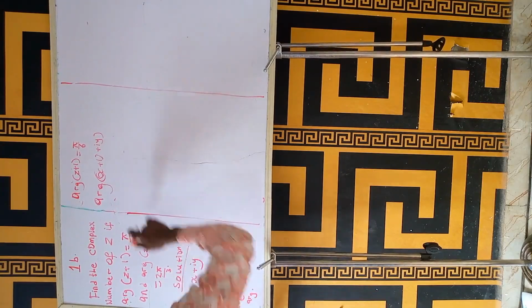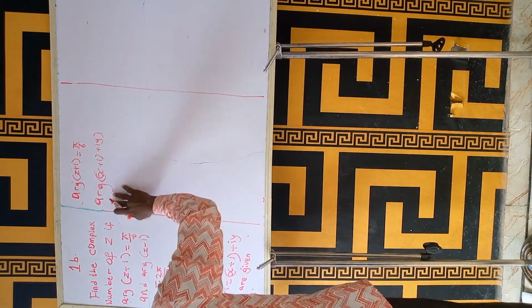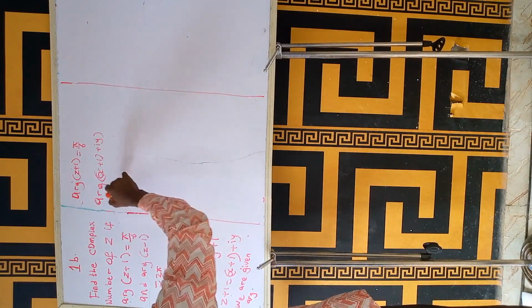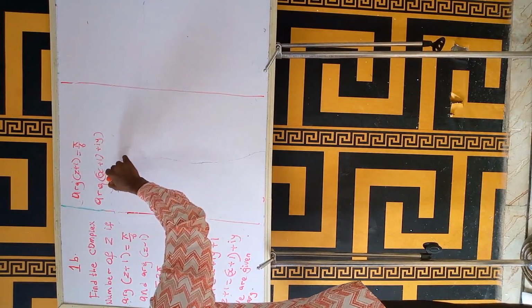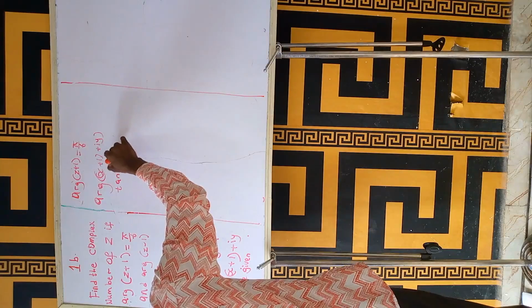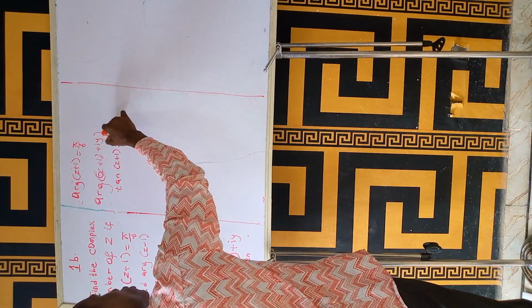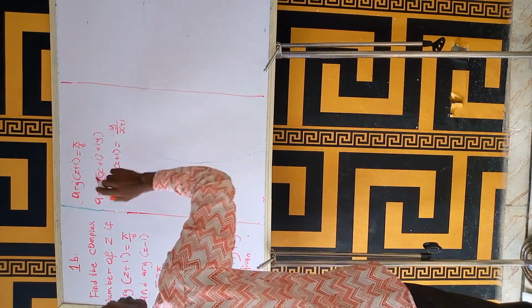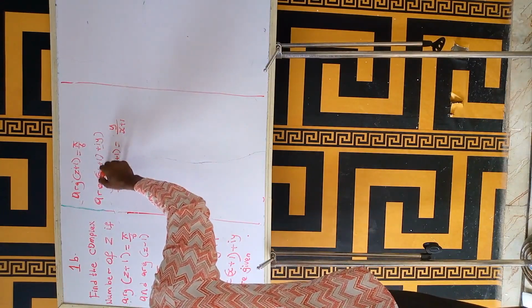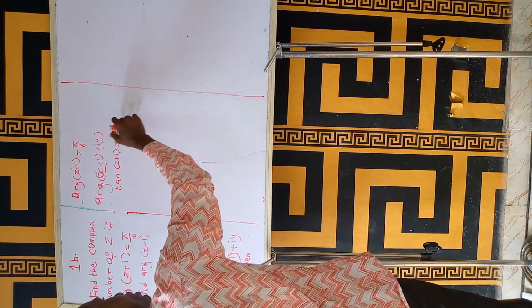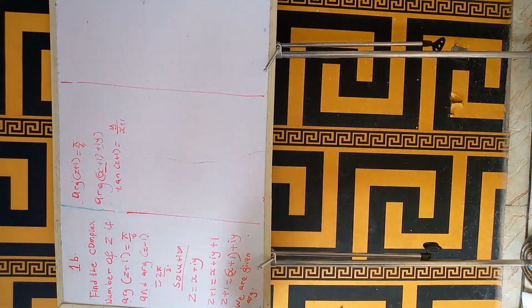When you have something like this, it's the same thing as tan theta, or tan of Z plus 1, equals y over x plus 1. That is imaginary over the real number. That's what it means.